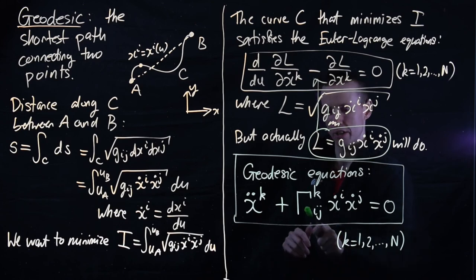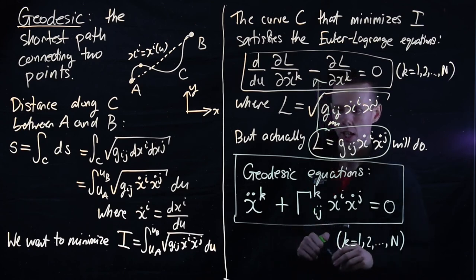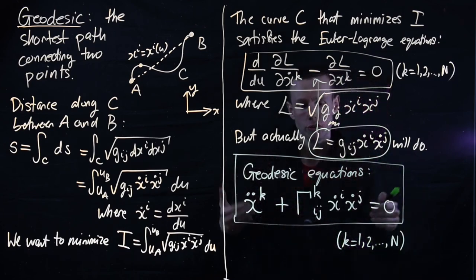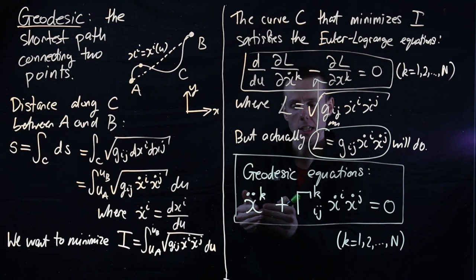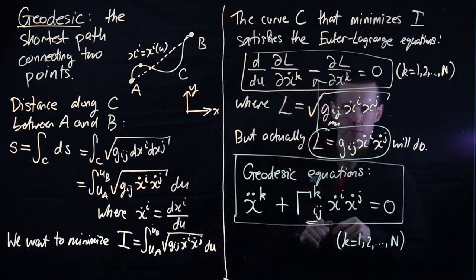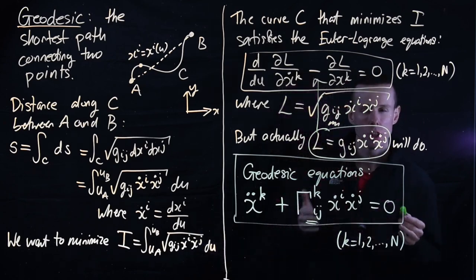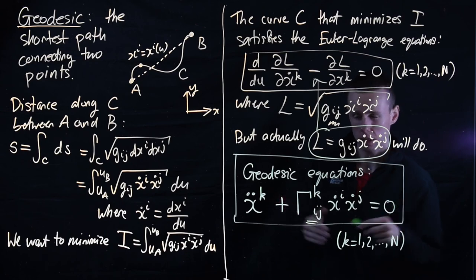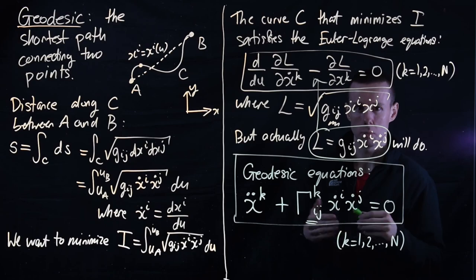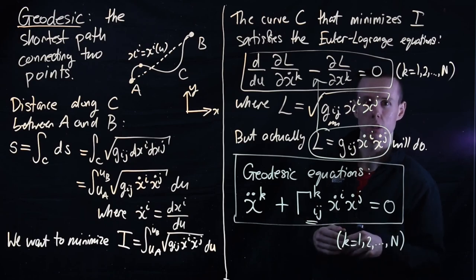And here are the Christoffel symbols, so that's where they appear. So by finding the geodesics for the coordinate system and comparing the geodesic equations that we find with this general form, we can read off the Christoffel symbols. Now, I imagine that this doesn't make much sense yet. As ever, the best way to illustrate this will be with an example, which is what I will do in the next video.